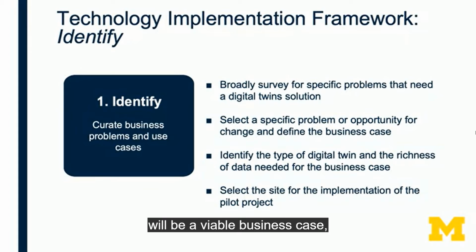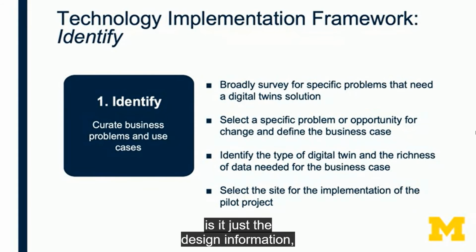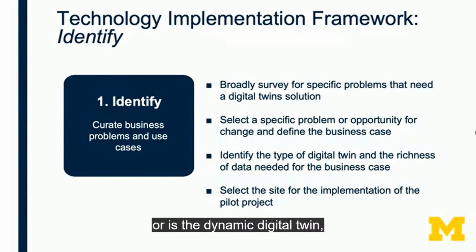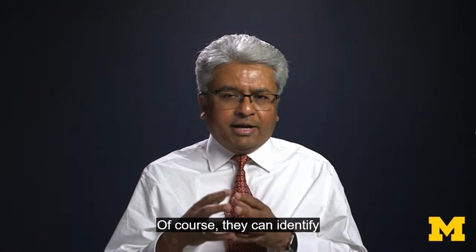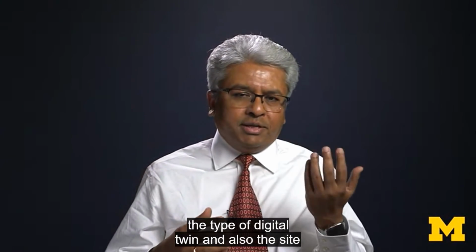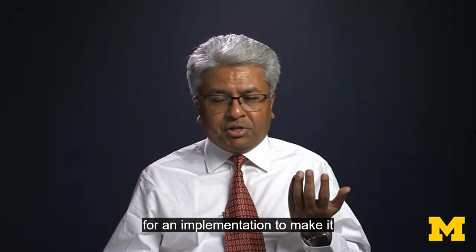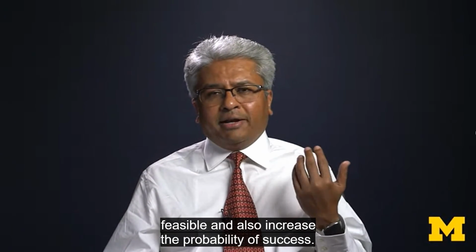Is it just the design information, the green one we talked about earlier, or is it the dynamic digital twin, which is the red box with all the real-time data coming in? And of course, they can identify the type of digital twin and also the site for implementation to make it feasible and also increase the probability of success.